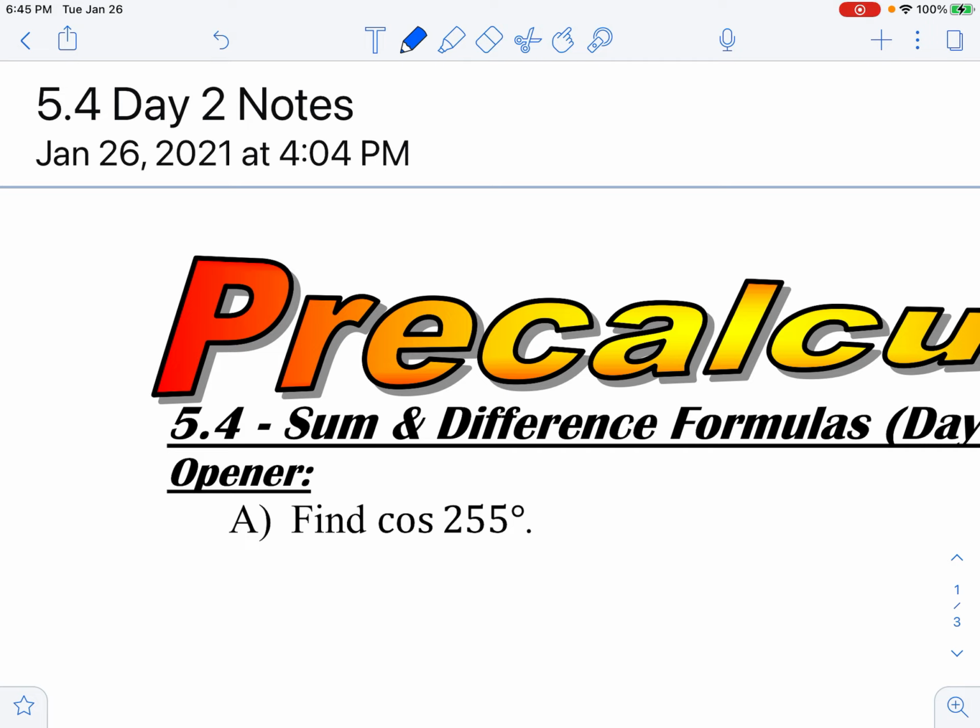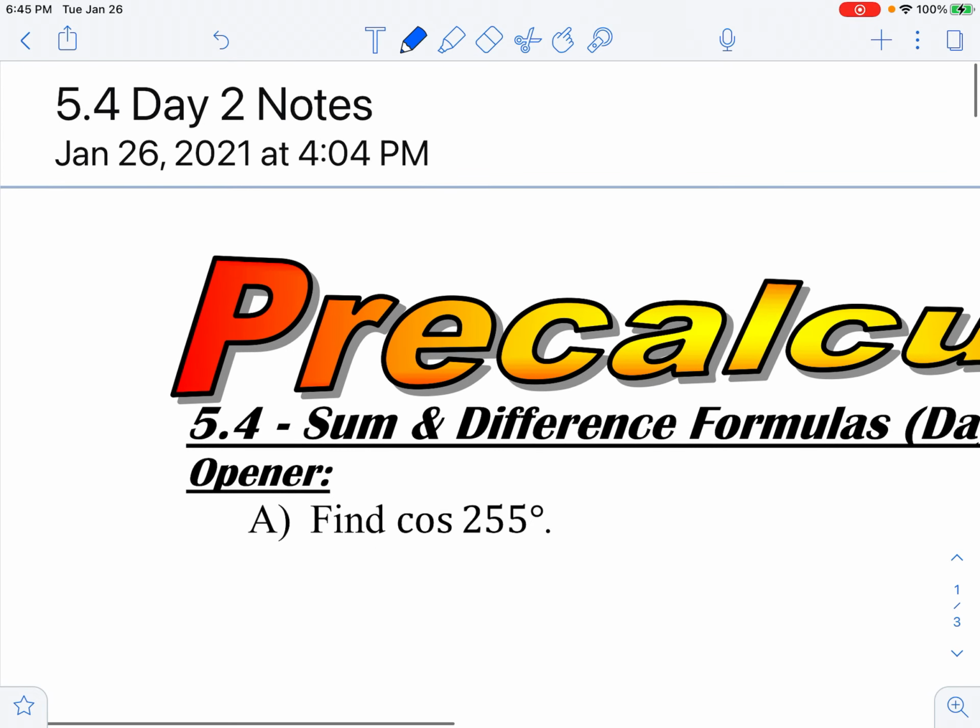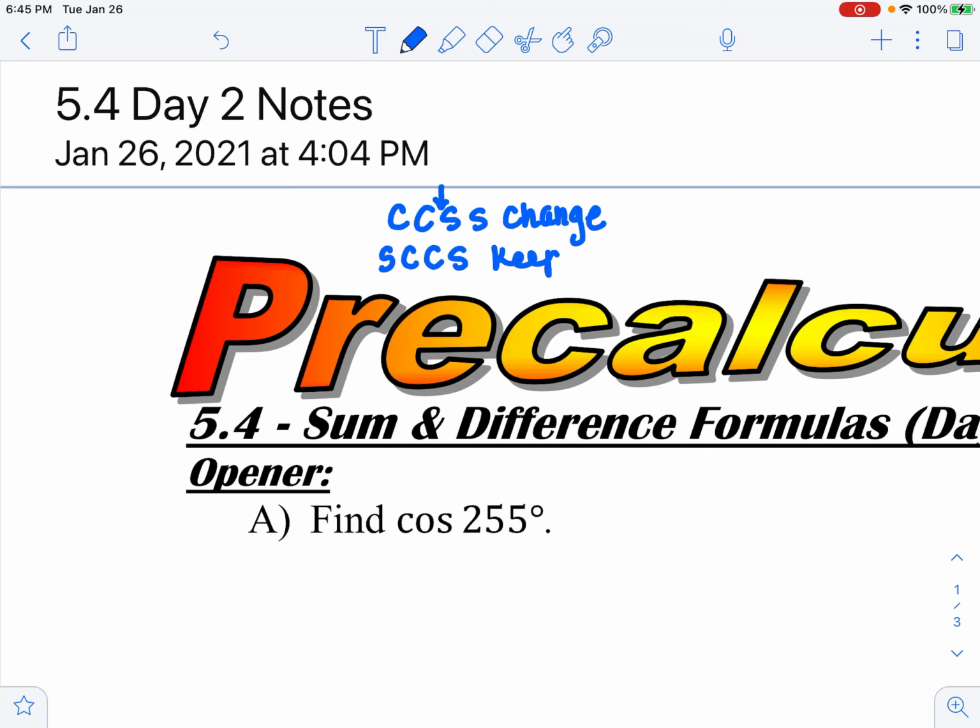All right, also before we start, let's remember our cosine, sine, and tangent formulas, okay? Cosine goes cosine, cosine, sine, sine, and this sign right here, you change the sign. The sine sum and difference formula goes sine, cosine, cosine, sine, and you keep the sign. So if it's a plus, keep it a plus.